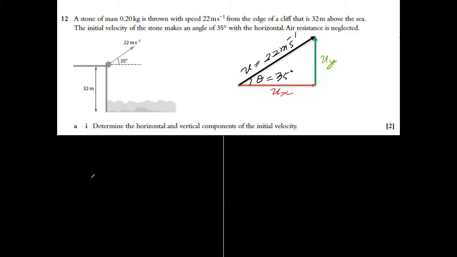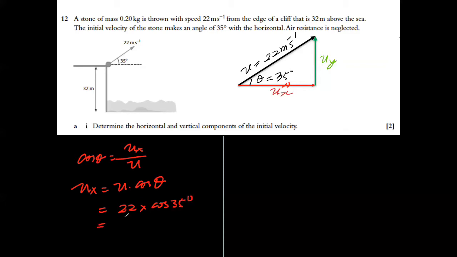The horizontal component of initial velocity is adjacent. That is cosine theta equals ux over u. ux equals u times cosine theta. The initial velocity is 22 times cosine 35 degrees, and that gives us 18 meters per second.